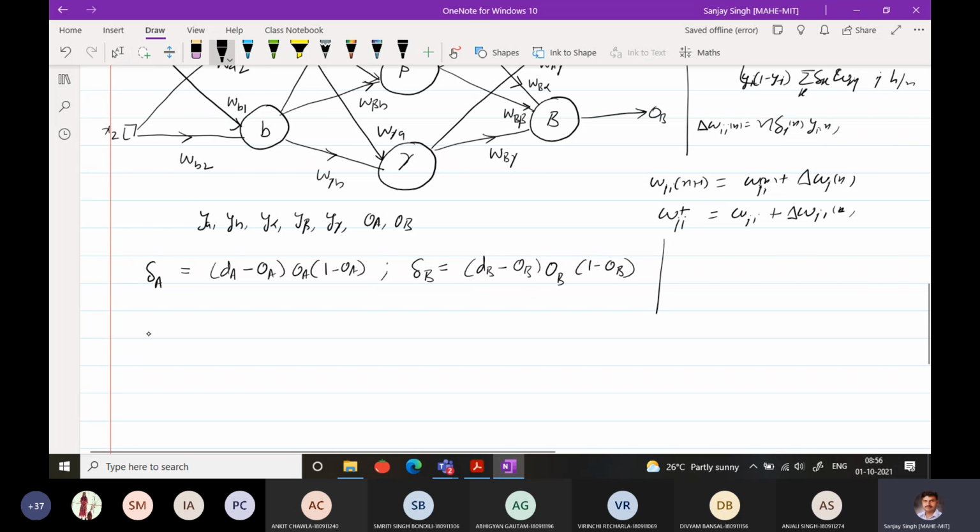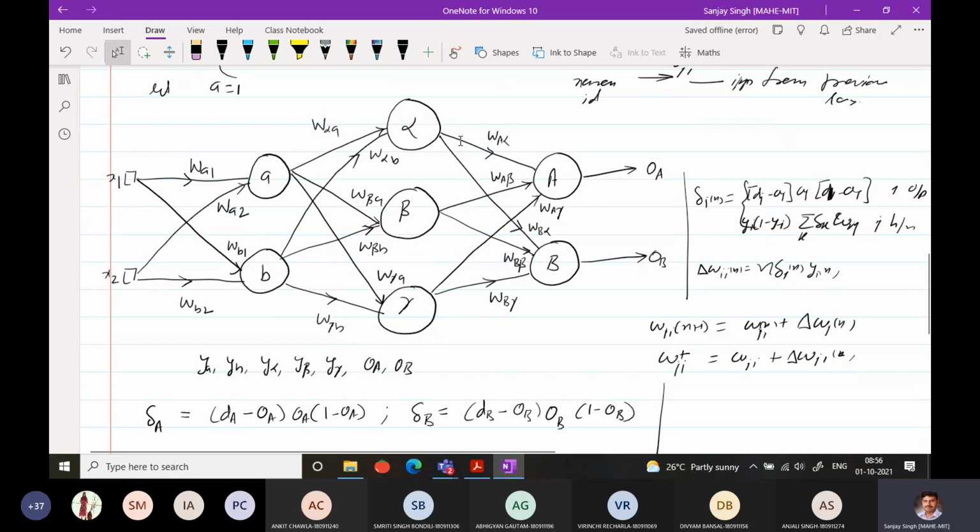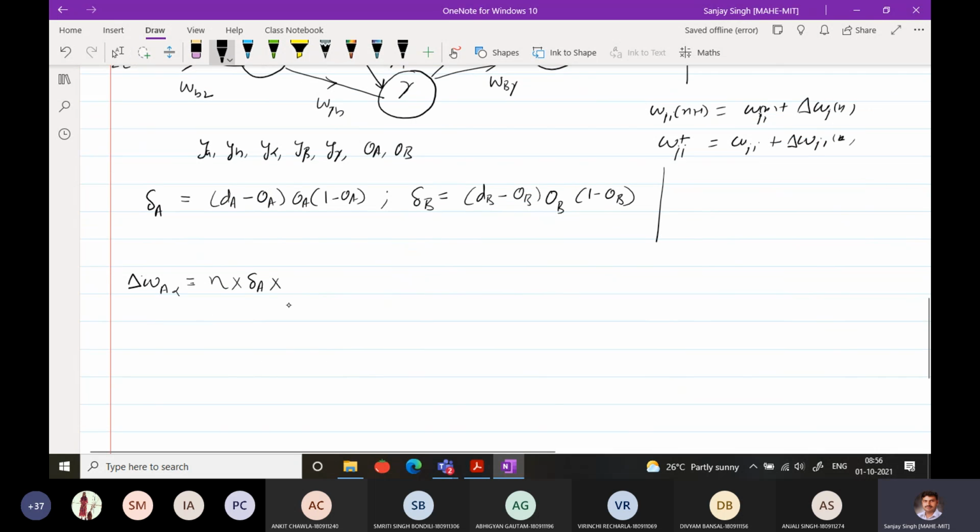So first of all, delta WA alpha equals eta times delta A, the local gradient of that particular neuron, into the input from the previous layer. For WA alpha, what input is it getting? Y alpha.